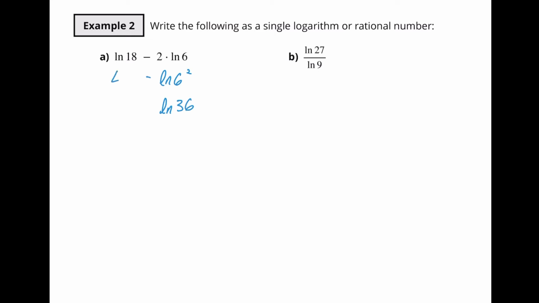And as I carry this other stuff down, ln of 18, now I'm going to have ln of 18 minus ln of 36. Our rule says if we are subtracting the logarithms with the same base, we just divide these two pieces. So I'm going to be left with ln of 18 over 36, which is ln of 1/2, right?